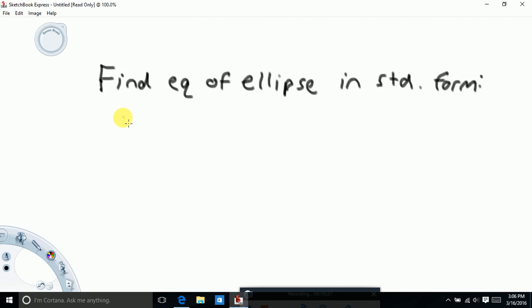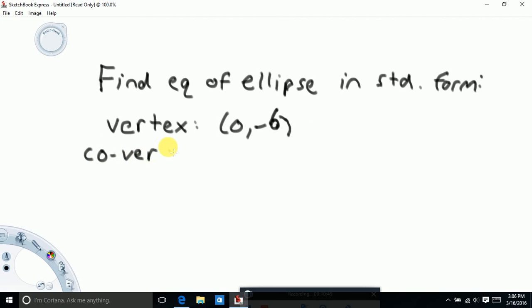Okay, so it has a vertex at 0, -6, and a covertex at 3, 0. And it's centered at the origin.